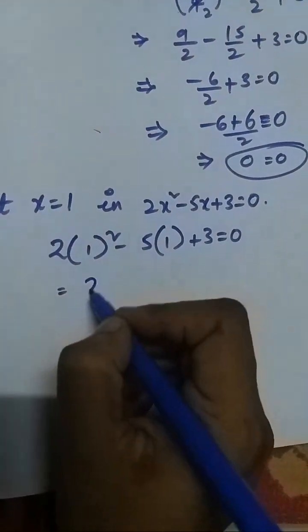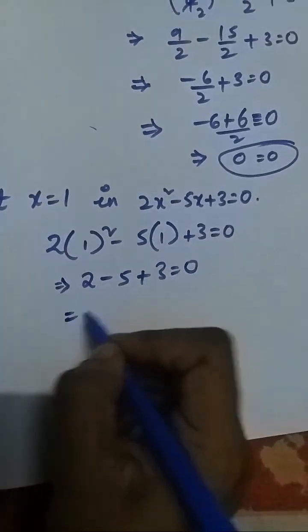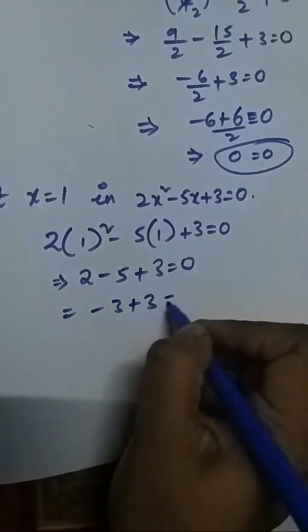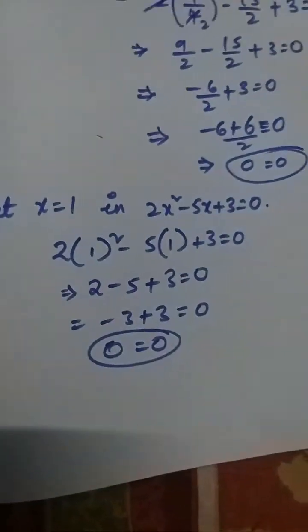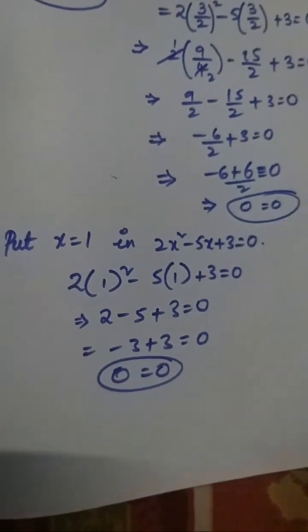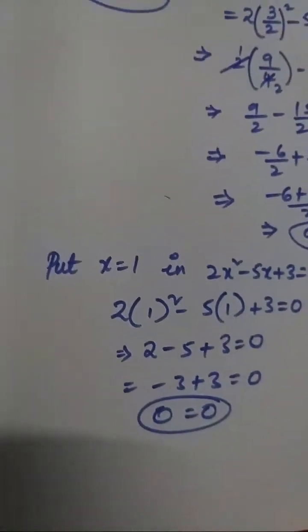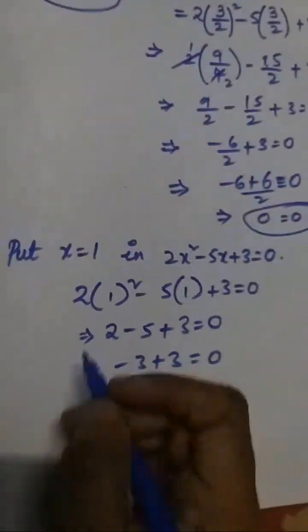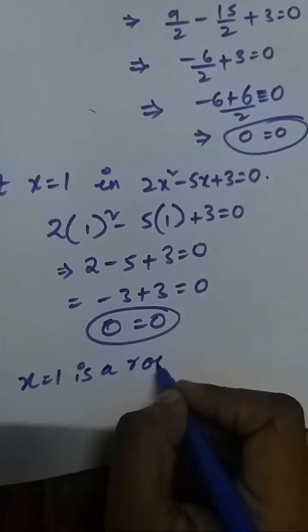So 2 minus 5 plus 3 equal to 0. Now minus 3 plus 3 equals 0. So 0 equals 0. Left hand side and right hand side are equal. Then x equal to 1 is also a root.